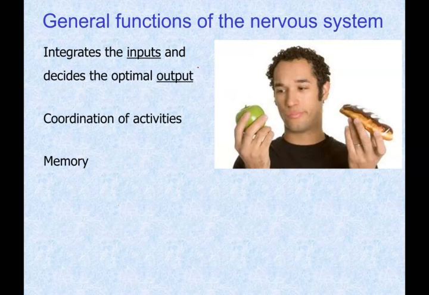Once it gets inputs through different organs, either through the eyes, or some sound heard through the ear, or you get some smell through the nose, or you get them through touch, whether it's soft or hard, all these inputs will give you information, and the brain will process them, integrate them, and the output would be to decide first which one to be eaten, this or this.